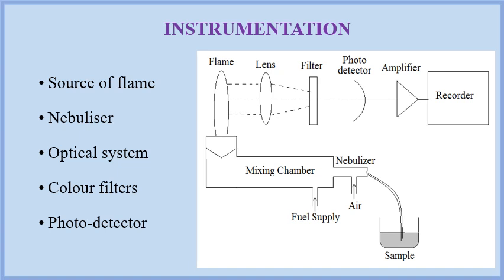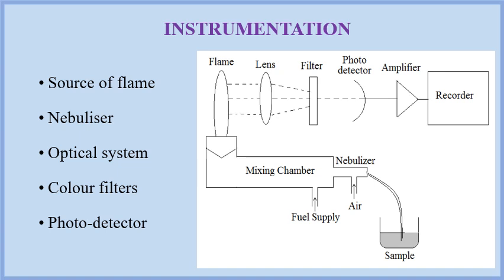Initially, the sample is sucked by the nebulizer and passed into the mixing chamber. In the mixing chamber, sample, fuel and air will get mixed and compressed, which will be aspirated into the flame. The light of the flame is passed through the optical system, which includes a convex lens. It will focus the emissions to the filter.